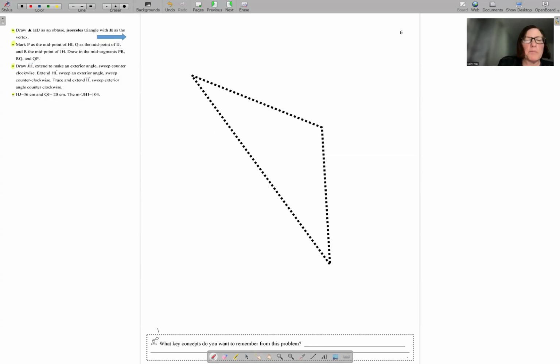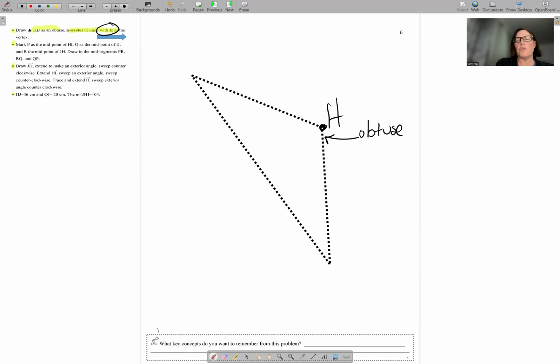Okay, so step number one, it says HIJ is an obtuse isosceles triangle with H as the vertex. That means H is here. Says it's obtuse, so whatever this angle is, it's obtuse, which means bigger than 90.